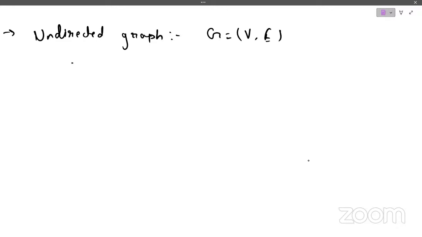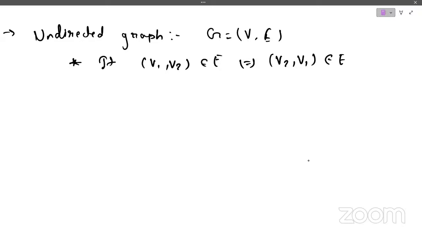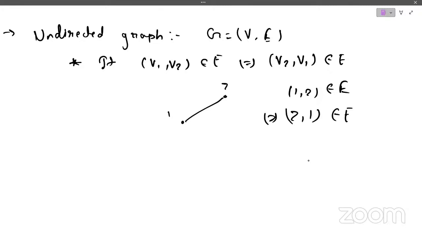Here we have a constraint on the set of edges that if v1 comma v2 belongs to E, if and only if v2 comma v1 belongs to E. So that means in this undirected graph, we don't have any type of direction here. Then we say this is an undirected graph.